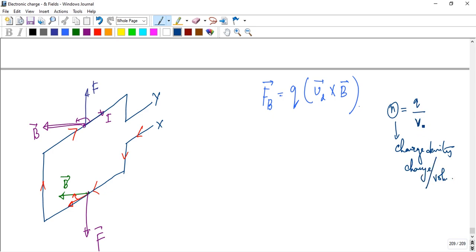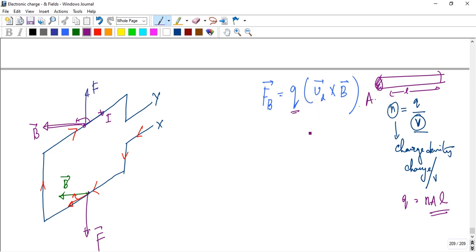Suppose there is a conductor of length L and cross-section area A. The volume is A times L, so q equals n times the volume, which is A L. The elementary charge is obviously present here.